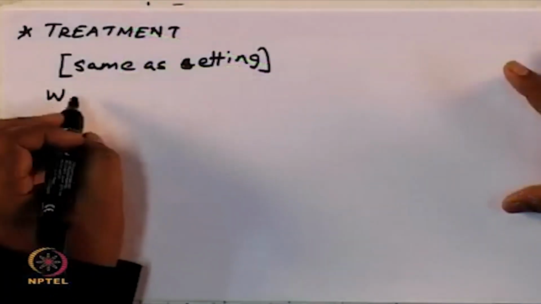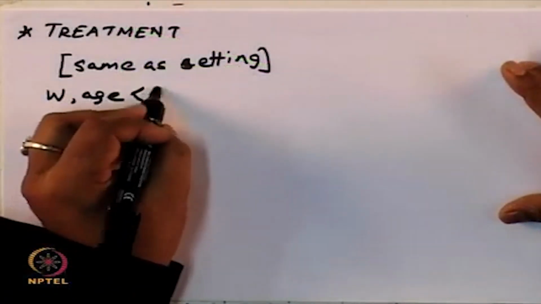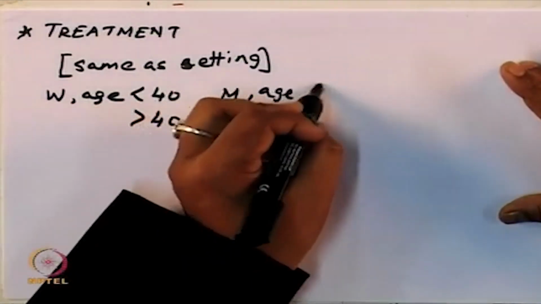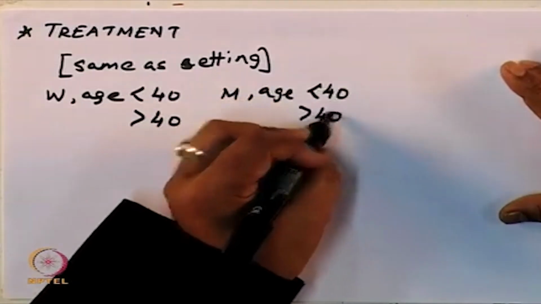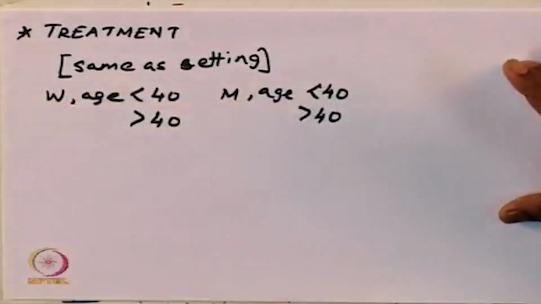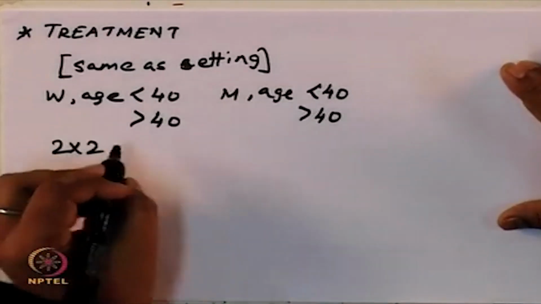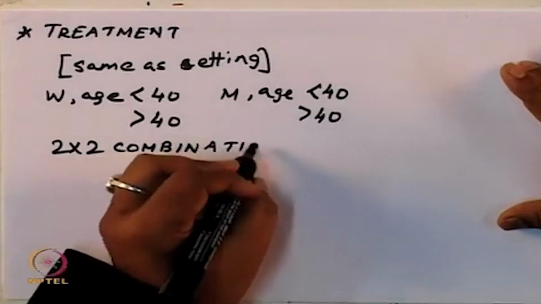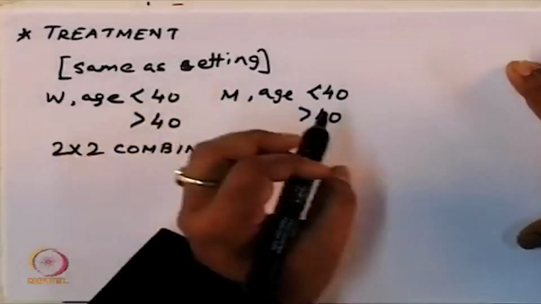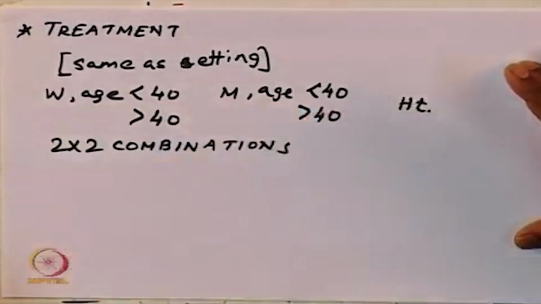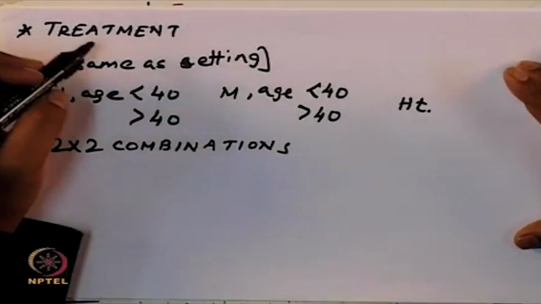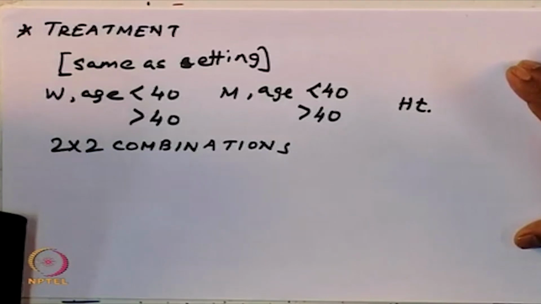However, your treatment can be women with age less than 40 and greater than 40, similarly men with age less than 40 and greater than 40. So in this case you have 2 into 2 combinations or treatment settings. If on top of that I introduce height as another factor, then I have 2 into 2 into 2, 8 combinations. So, treatment may or may not be equal to the setting value.